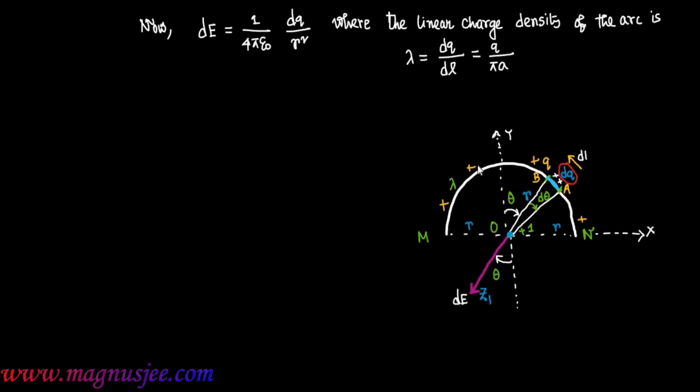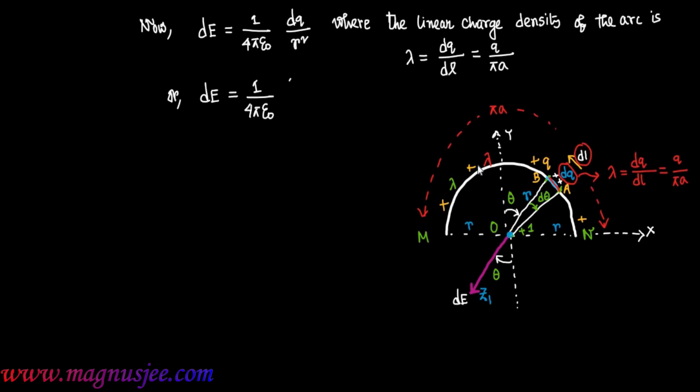In the diagram, dq is the charge of the small portion AB, and dl is the length of this small portion. In this case, the linear charge density of the small portion AB is dq/dl, and if we consider the total semicircular arc, the length is πa, that's why λ equals q/πa. Or dE equals 1/(4πε0) λ dl/r², where dq equals λ dl. dq is the charge of the small portion AB.